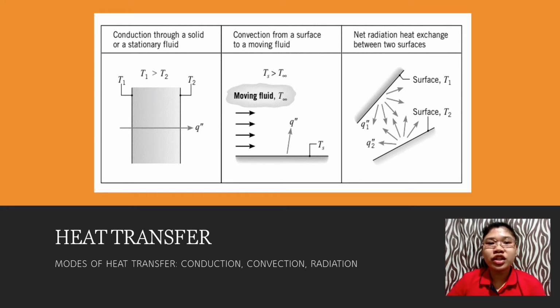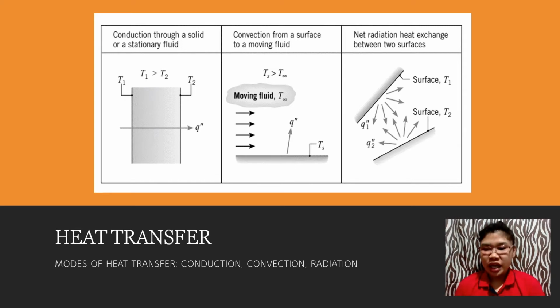Lastly, the third mode of heat transfer is radiation, or thermal radiation. All surfaces of any temperature emit energy, usually in the form of electromagnetic waves. Thus, in the absence of an intervening medium, there is net heat transfer by radiation between two surfaces at different temperatures.